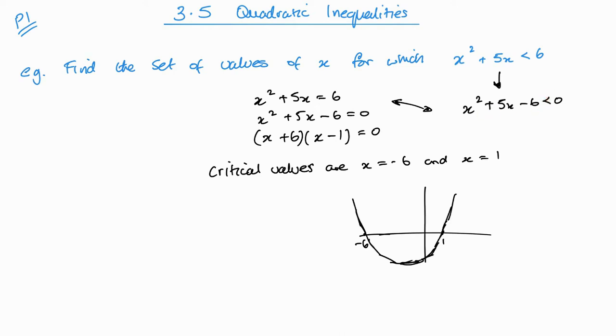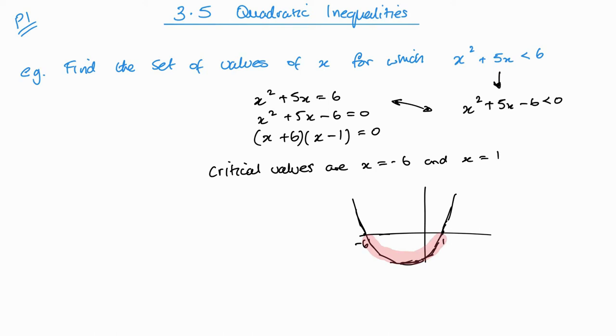This says that the curve will be less than 0. So less than 0 means below my x-axis. So that means it's this section of curve here. If I highlight that in red, it's this section of curve.